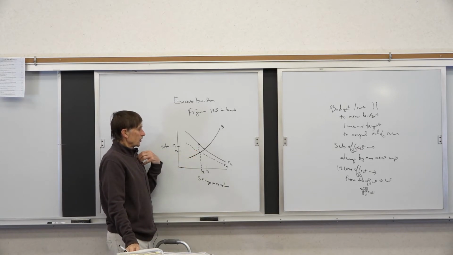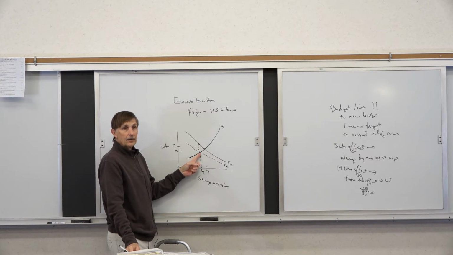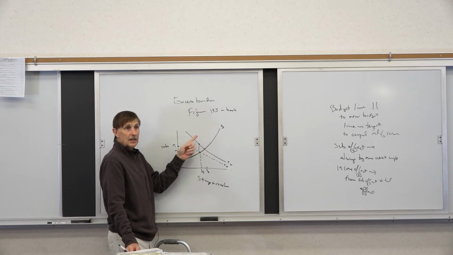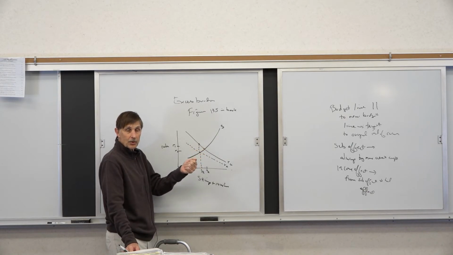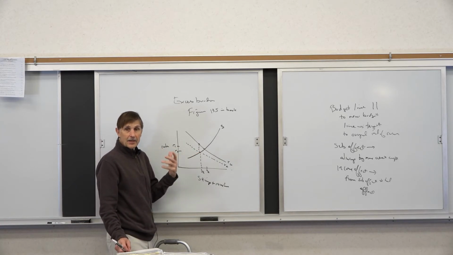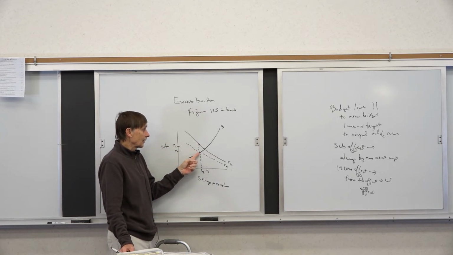You're only going to get this amount after you've paid the tax, so the supply of savings is going to be here. The market interest rate is going to be up here, because that's what you get when you sell your bond, but after you pay the tax on the interest, you're only getting that amount.